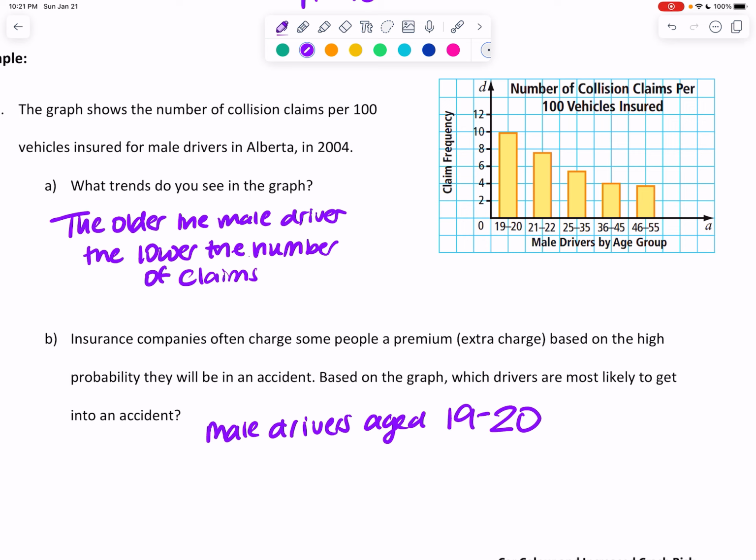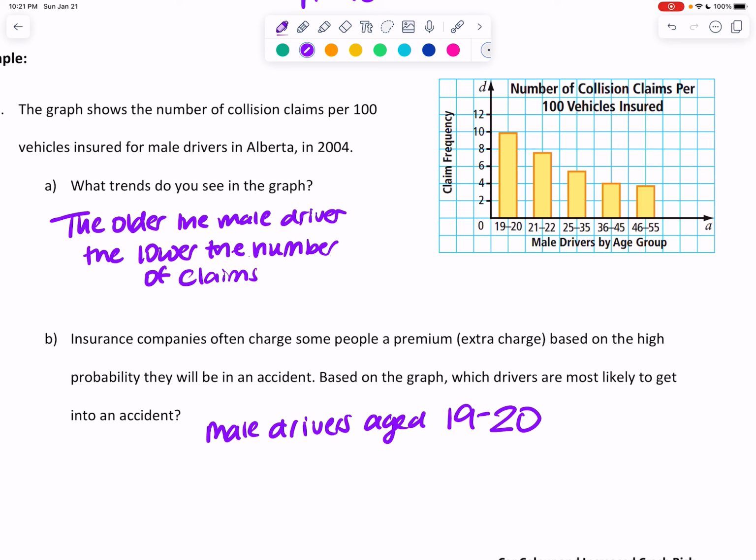There's a merit system in Manitoba. So the more years that you drive and as long as you don't get into any accidents, your charge for your license goes down. Now, if you do get into a lot of accidents at any age, you're causing the insurance company a lot of charges, right? Because when you get into an accident, you don't pay for all of the damage you caused. You pay for some sort of deductible. Maybe you pay $200, maybe you pay $500, depends on your insurance.